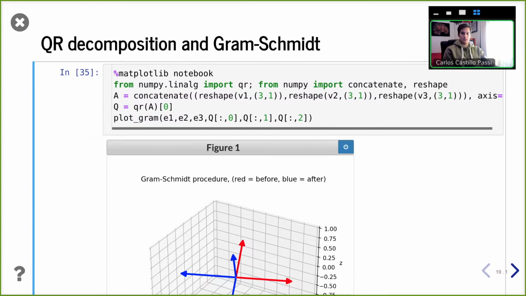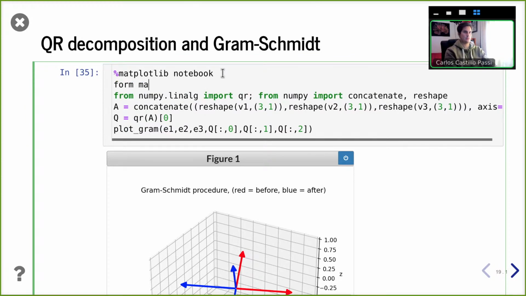So, is there a way to import all matplotlib functions at once? Yes. To do it, you can do from matplotlib.pylab import, and then an asterisk, which means all.